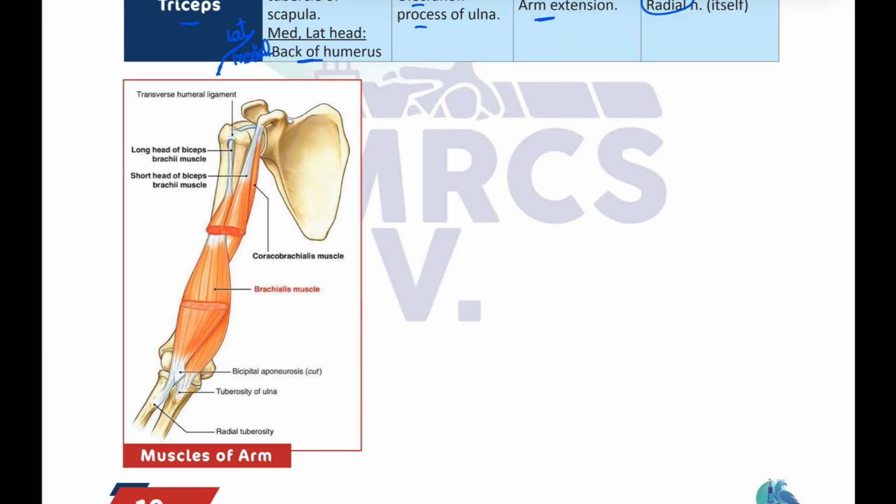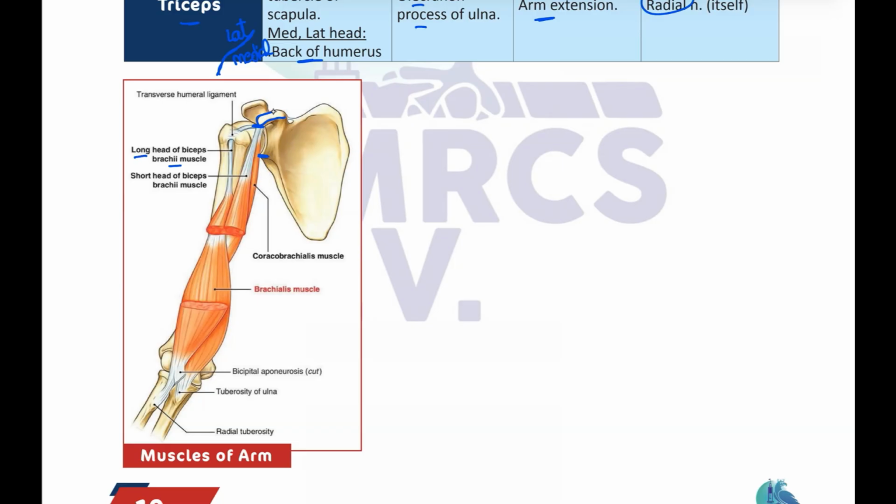So as you can appreciate, this is the coracoid process, and it is going to have the short head and the coracobrachialis. And from here, the infraglenoid tubercle is going to be the long head of the triceps, and this supraglenoid tubercle is going to give the long head of the biceps muscle.